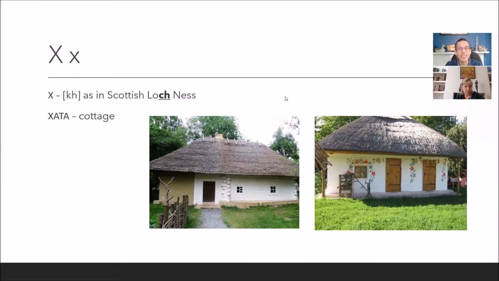It's letter H. It makes sound H. It looks like an English X, but don't let this trick you. It's H. It's almost like when you're breathing the air out. H, as in Scottish Loch Ness.